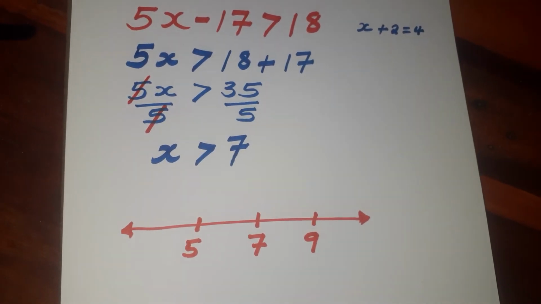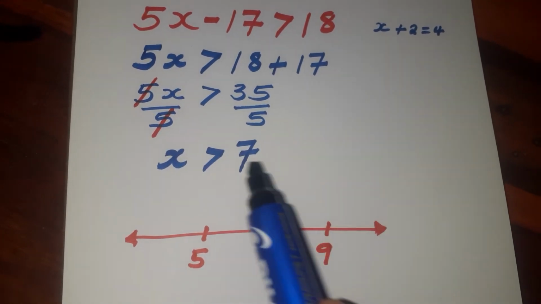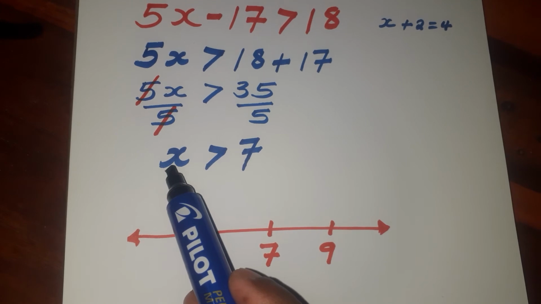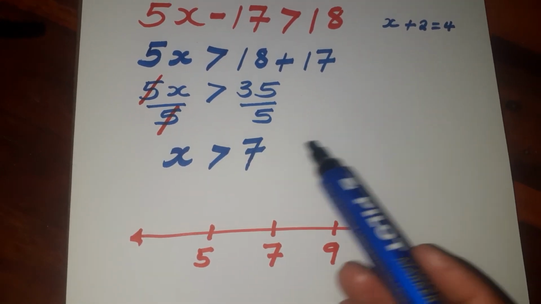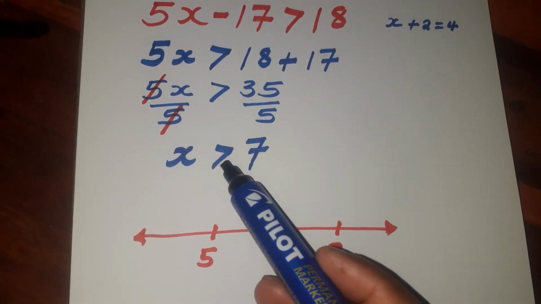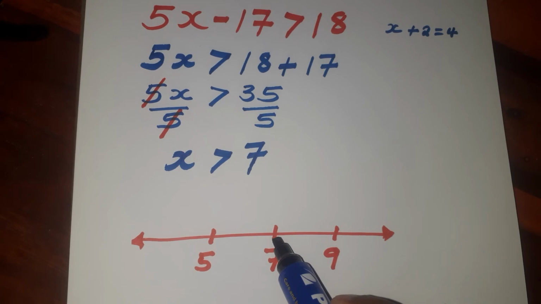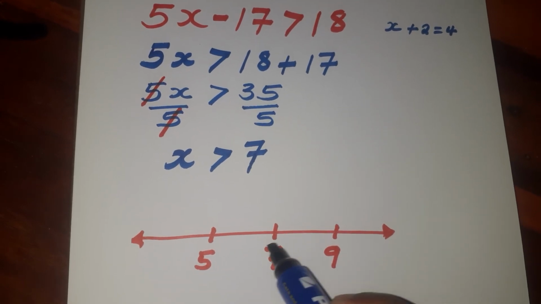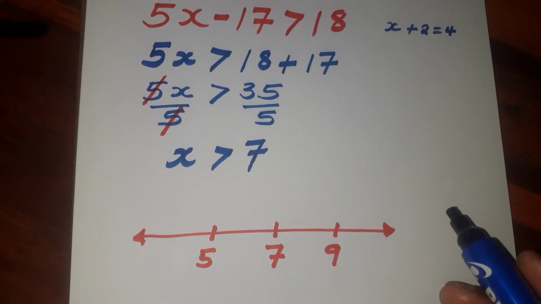Now to represent that solution on a number line, it means that the x values should be numbers that are more than 7. This sign is called more than or greater than, meaning we are looking at the numbers that are more than 7, starting from 8 going up to positive infinity.